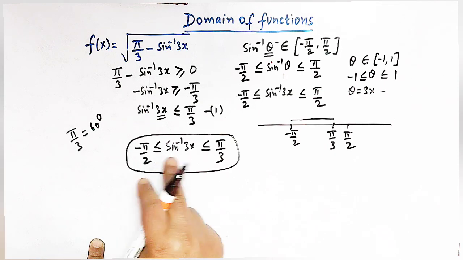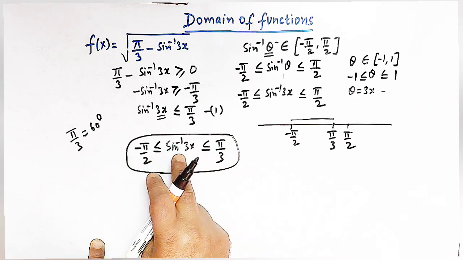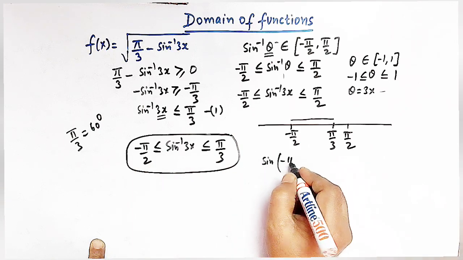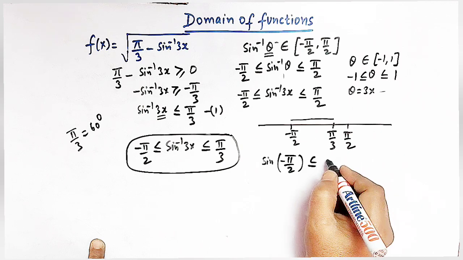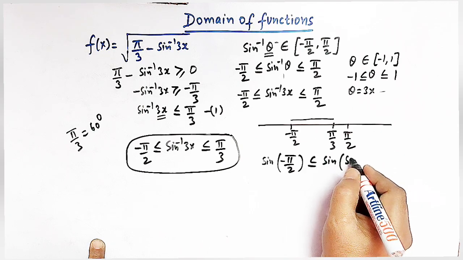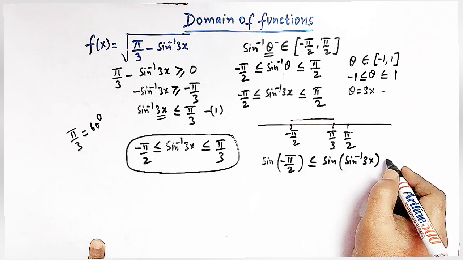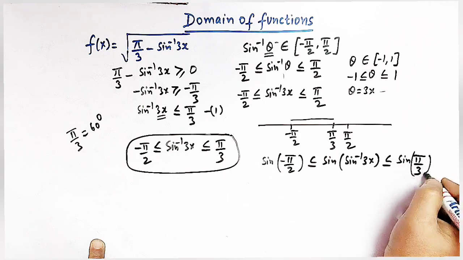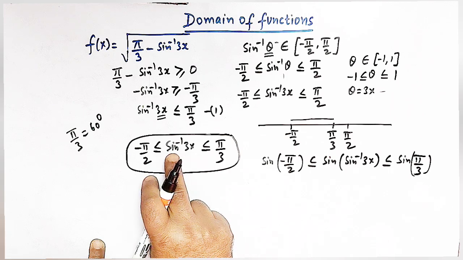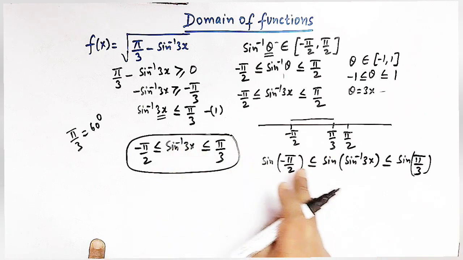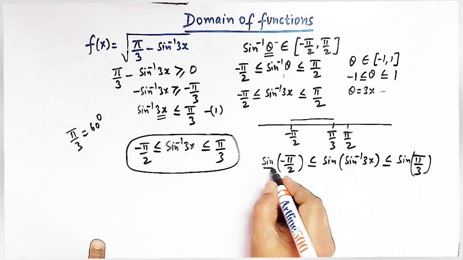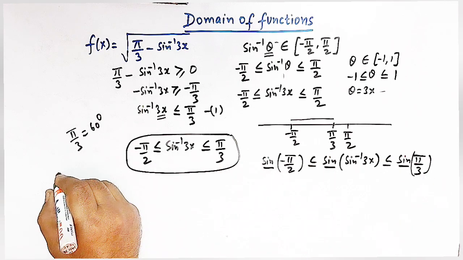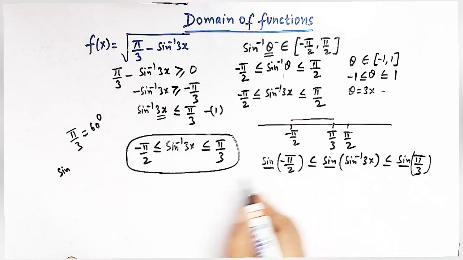So now taking the sine of all these three quantities, that is, we take sine of minus pi by 2, then sine of sine inverse 3x, and here sine pi by 3. What we have done here, in order to remove this sine inverse, is take the sine of all these three quantities. So here we have sine of minus pi by 2.